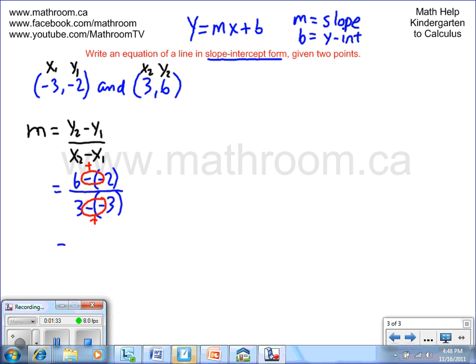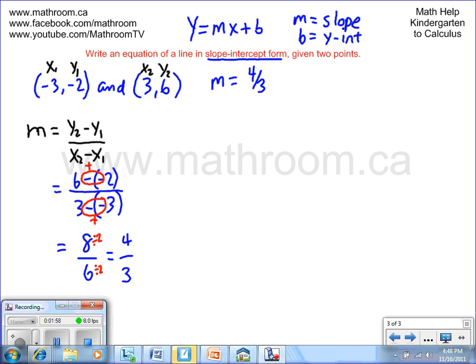So 6 plus 2 equals 8. 3 plus 3 equals 6. Okay, so the slope, we can reduce this to 4 over 3. Of course, we just divide the top by 2, divide the bottom by 2, and we can reduce that to 4/3. So now we know that the slope equals 4/3.